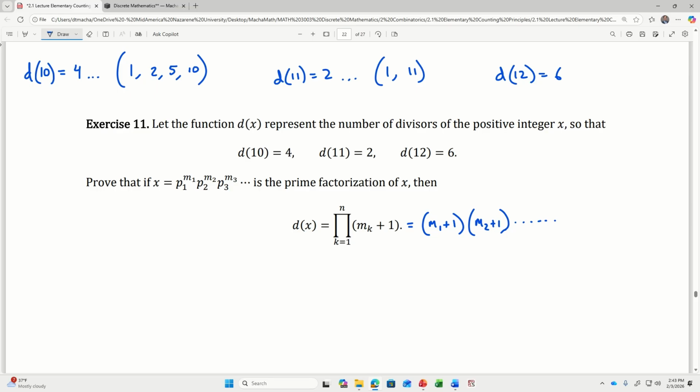So the question is asking us to prove that if we've got a prime factorization, then this function that tells me the number of divisors is going to be the product of these multiplicities plus 1. What do you think?